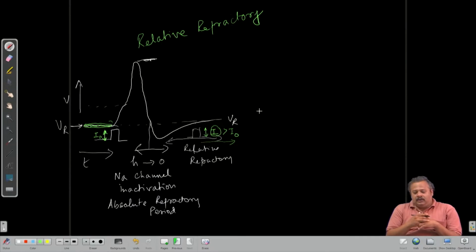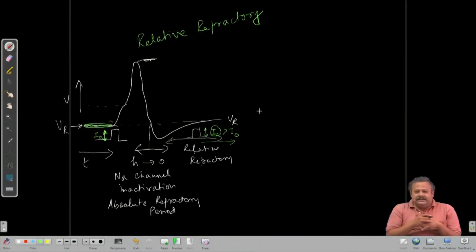So, in order to explain that, again we need to go into Hodgkin-Huxley equations and analyze it in the relative refractory period with our phase plane analysis.